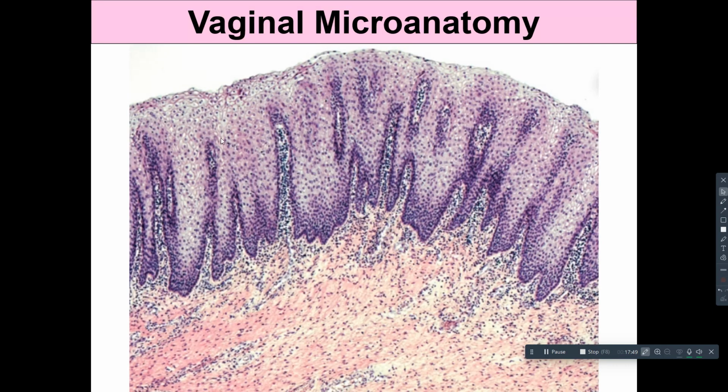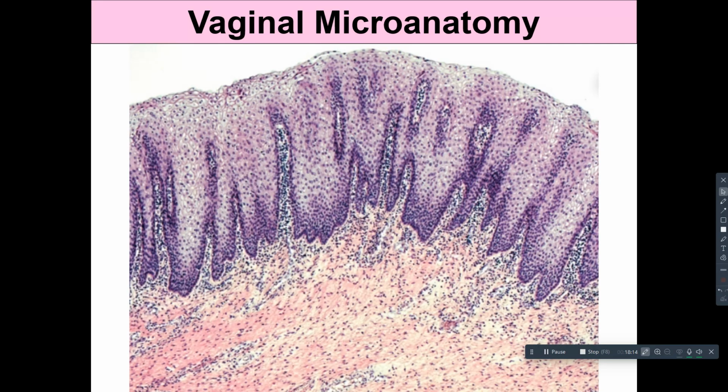Here we see the epithelium of the vagina. Notice it is a stratified squamous epithelium, which is important for protection. That is always the function of stratified squamous epithelium. Also notice that the epithelium of the vagina does not contain any glands.